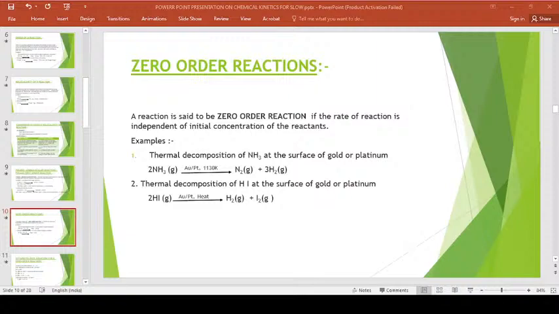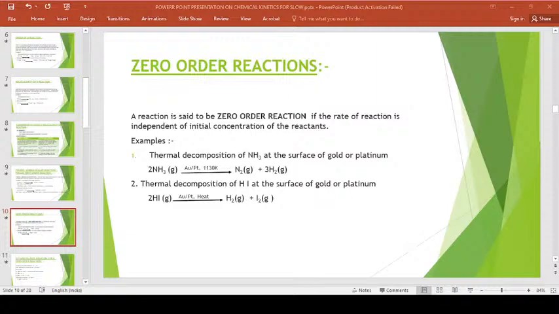So, my dear children, keep these 3 examples of first order reactions in mind for your examination. In your examination, the definition of first order reaction is frequently asked along with one or 2 examples. Out of these 3 examples given in your book, you can give any 2 as your choice.